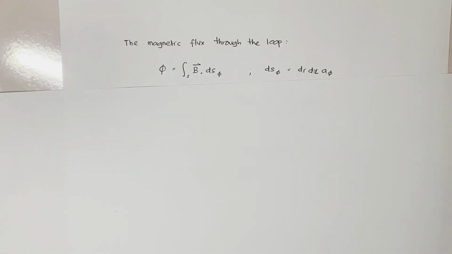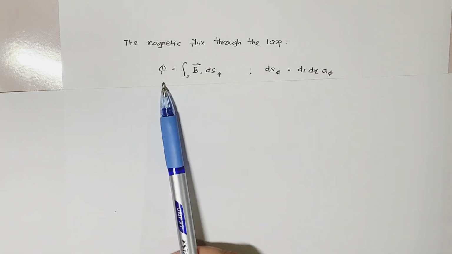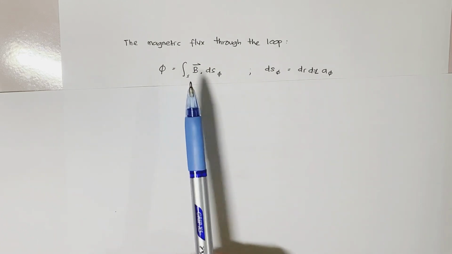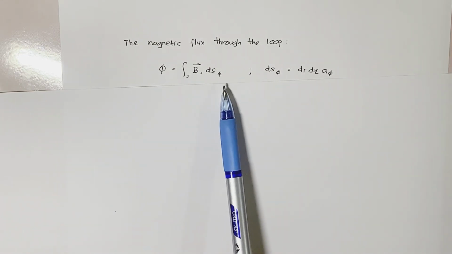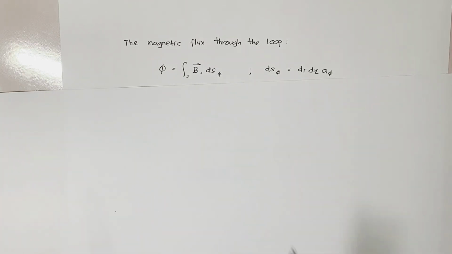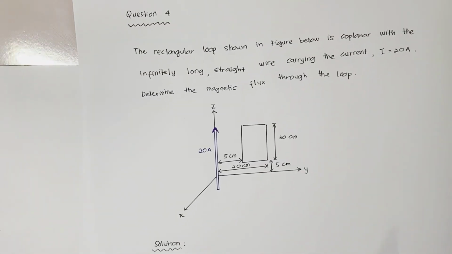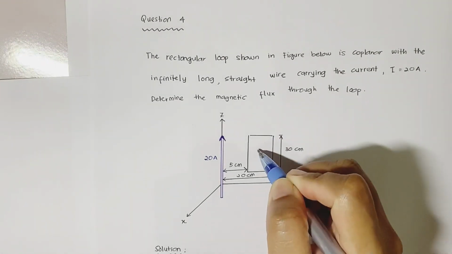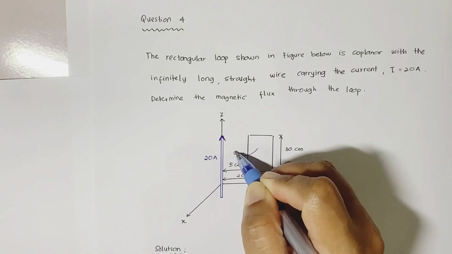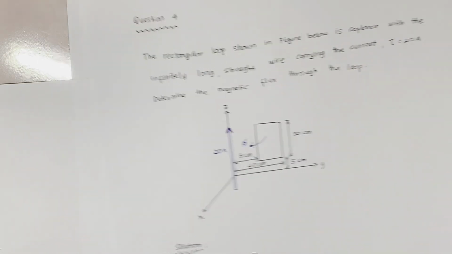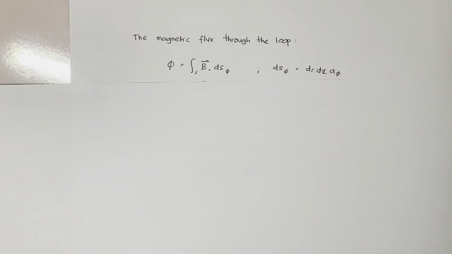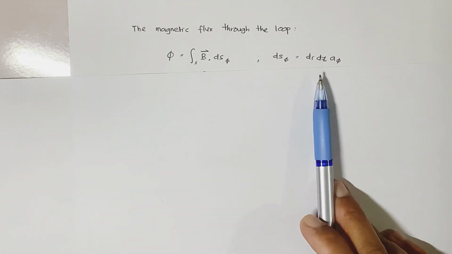Okay, now we need to find the magnetic flux through the loop. We know that, from the lecture note slides, the equation to find magnetic flux is flux equal to the integral of B dot dS phi. Why dS phi? Because the loop here is facing towards the phi direction. So dS phi is dr dz a phi.